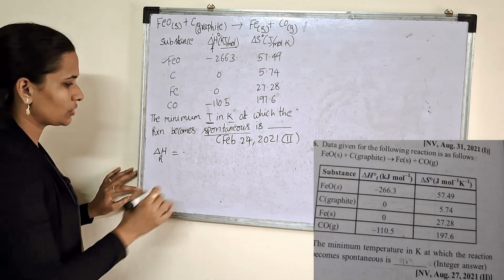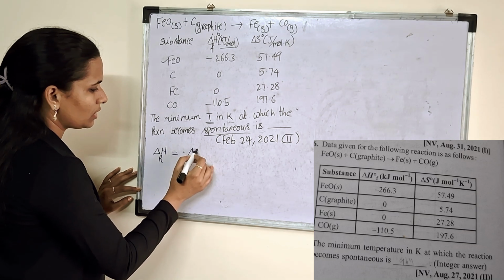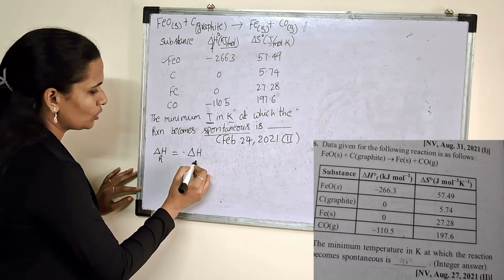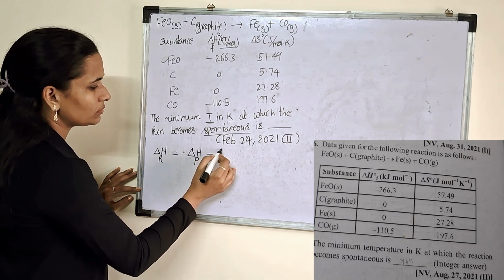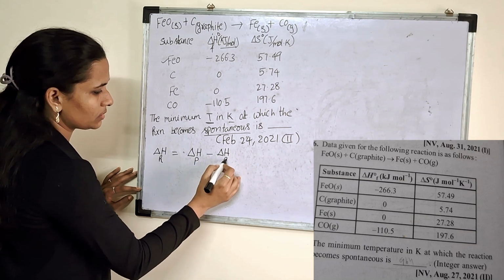Delta H of the reaction equals delta H of products minus delta H of reactants.